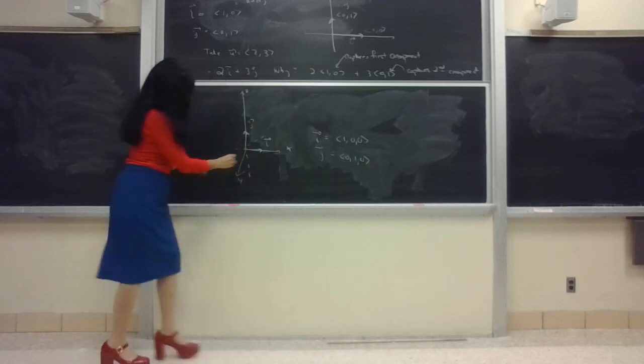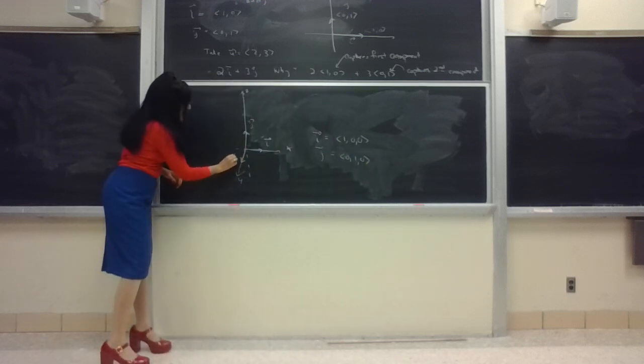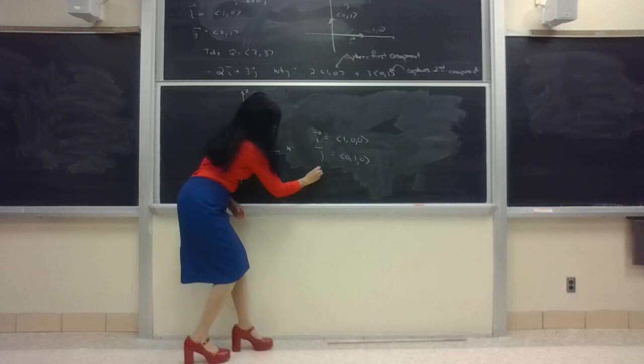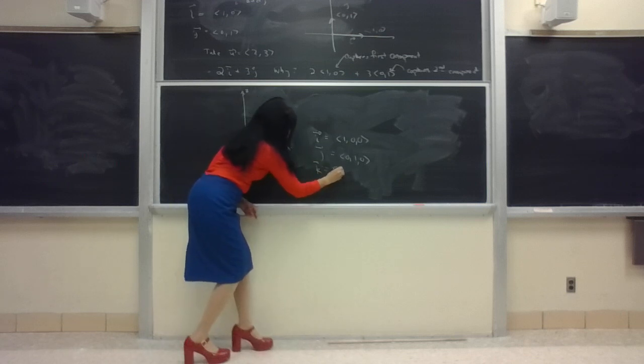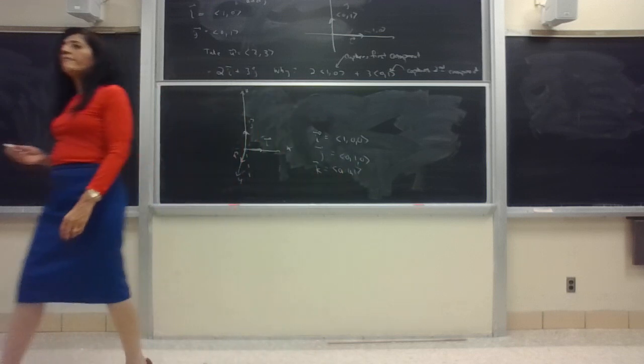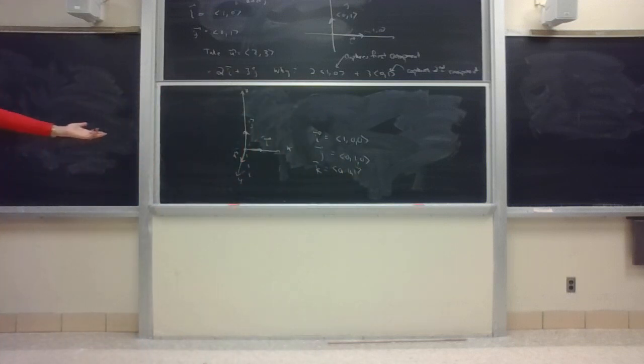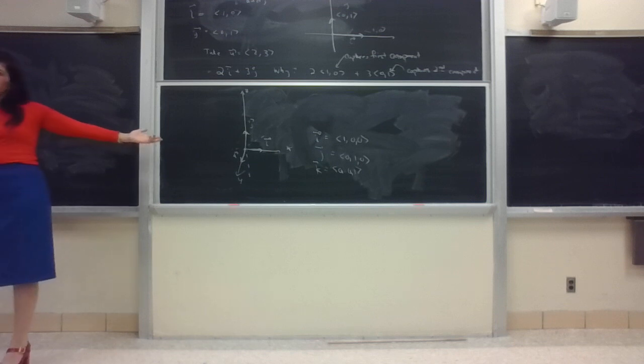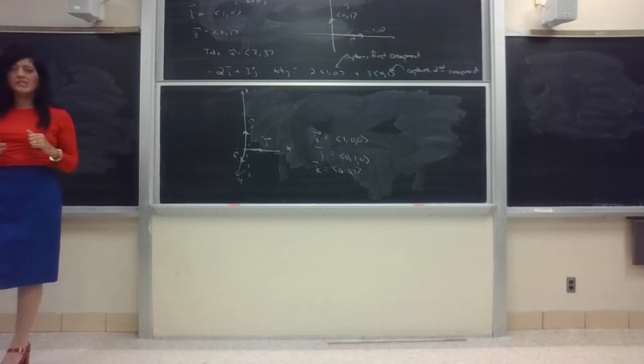And the last vector coming out towards you is K. So again, this is the three-dimensional basis vectors. Those are the 2-dimensional ones.